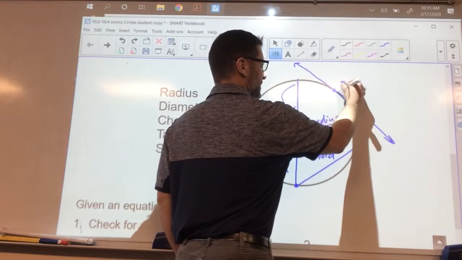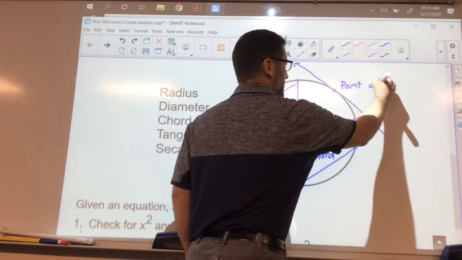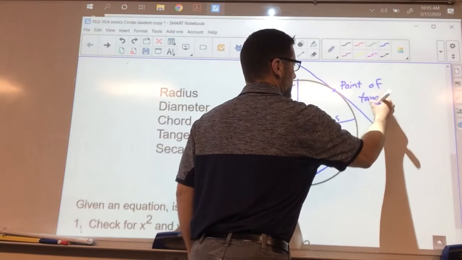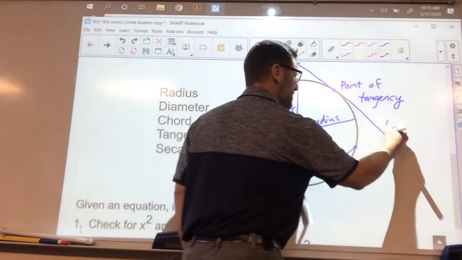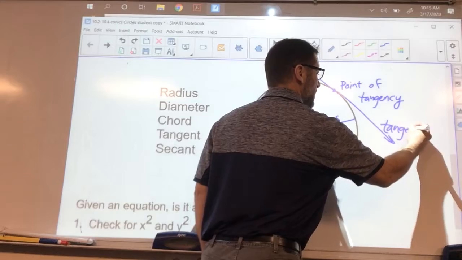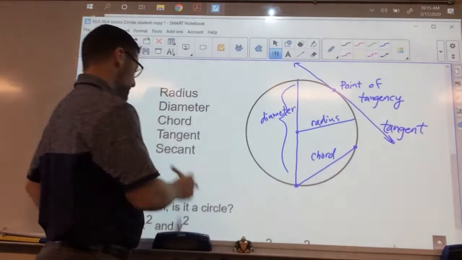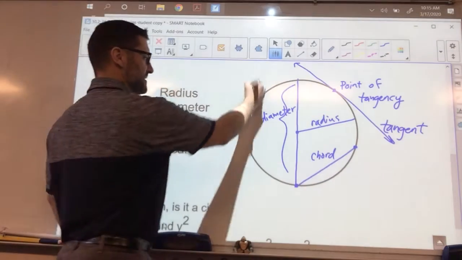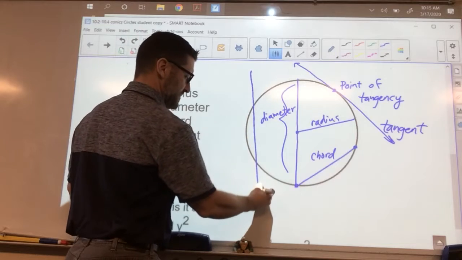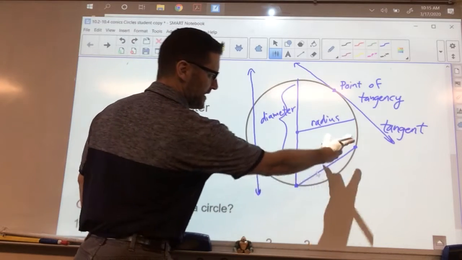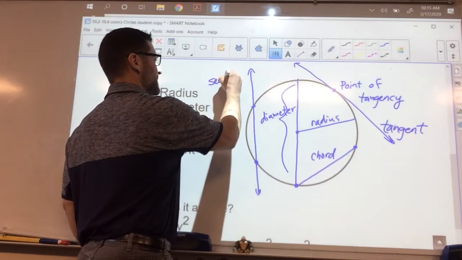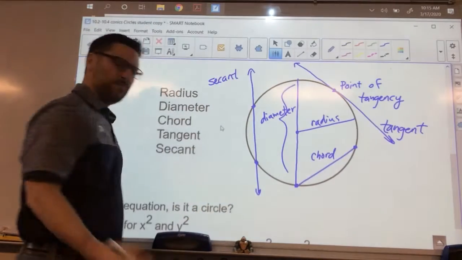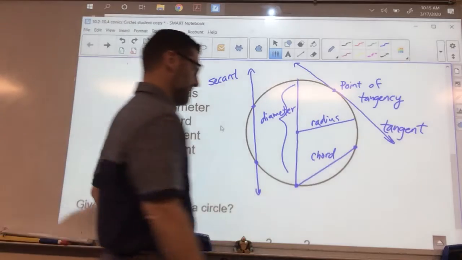That little point right there is called the point of tangency, and this is the tangent right here. The last one is a secant. A secant comes through and pierces the circle. It's similar to a chord in that it hits twice, but a secant hits twice and keeps going. So that's a secant. Common vocab that we're going to use in this section.